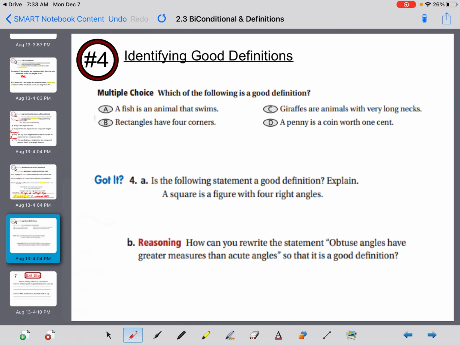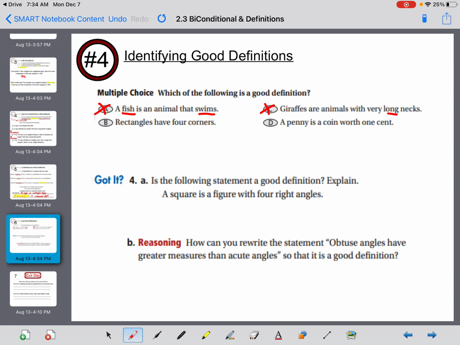All right, identifying good definitions. Which of the following is a good definition? A fish is an animal that swims. Well, that's not a good definition because many different types of animals swim, not just fish. So we know it's not A. Giraffes are animals with very long necks. Well, we know giraffes aren't the only animals with long necks, and long is a relative term. There's no actual length to it.